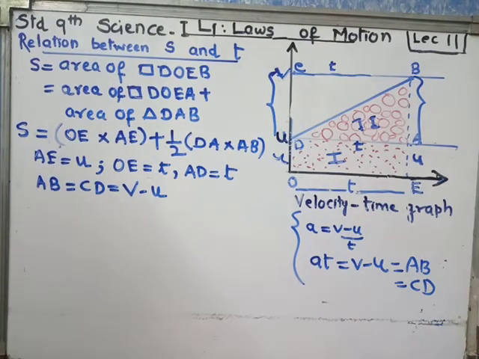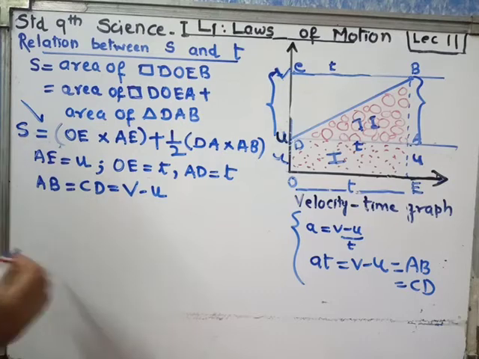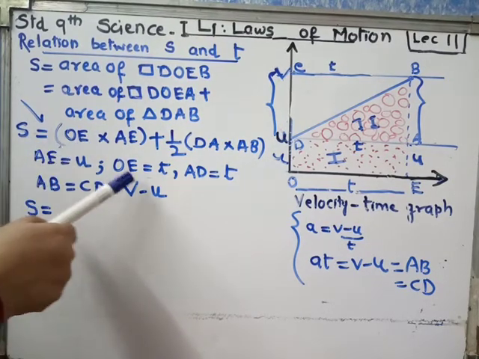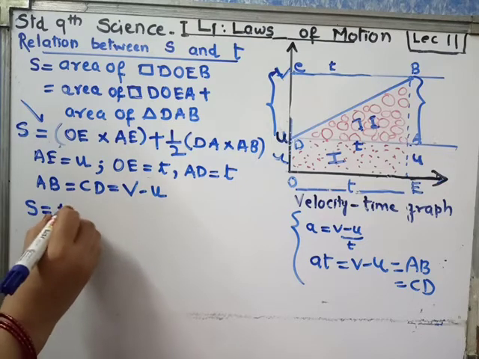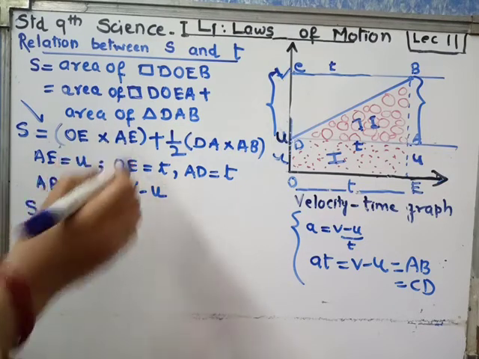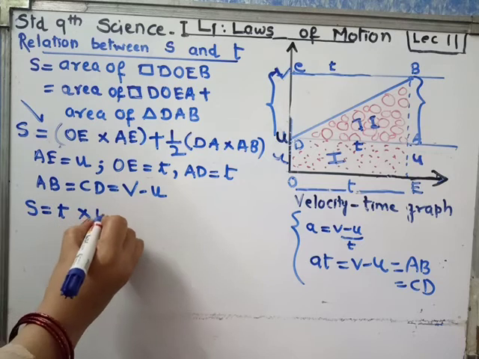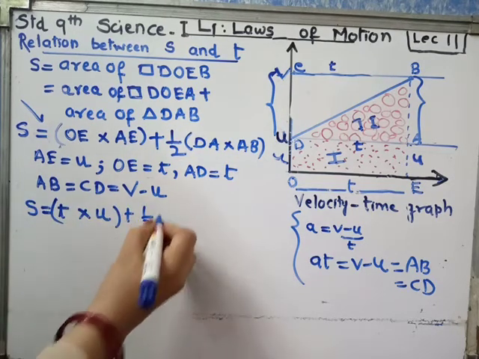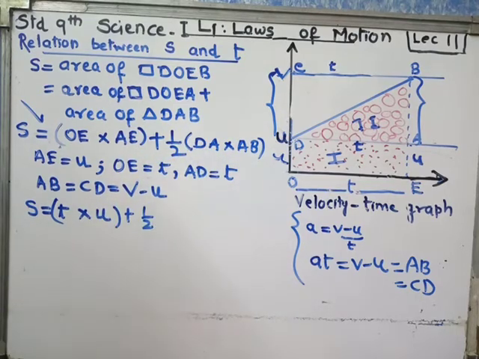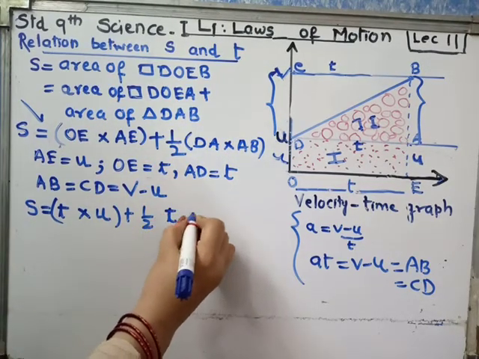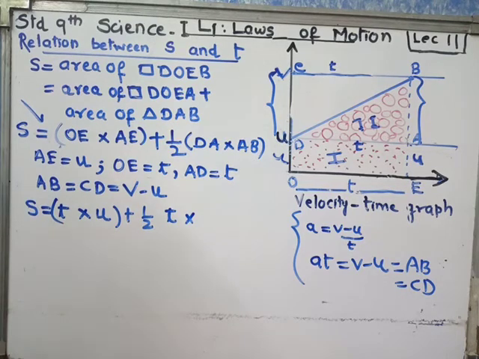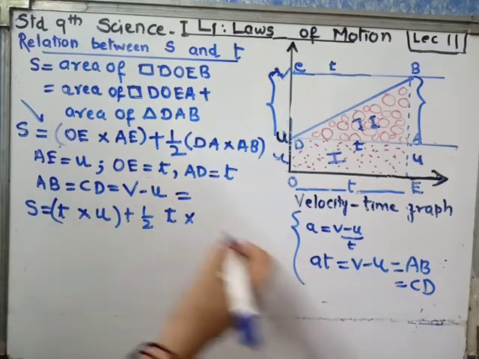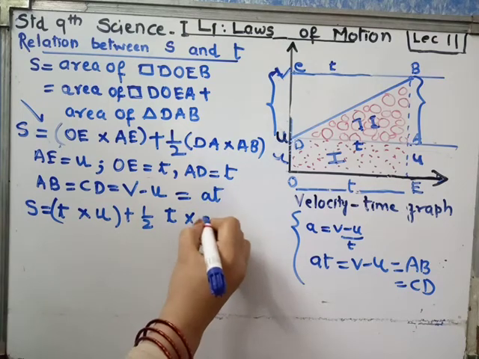Now substituting all these values in this equation, S is equal to OE, small t, multiplied by AE, small u, plus half into AD, small t, multiplied by AB. This AB is equal to AT.